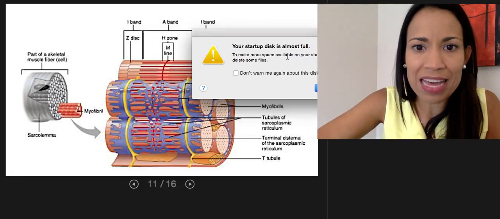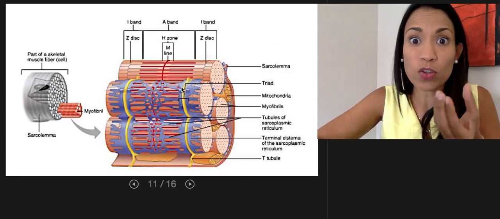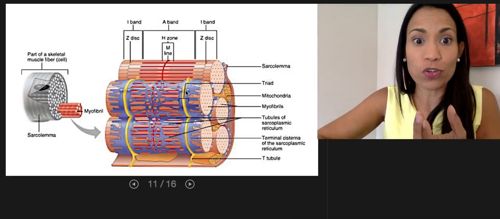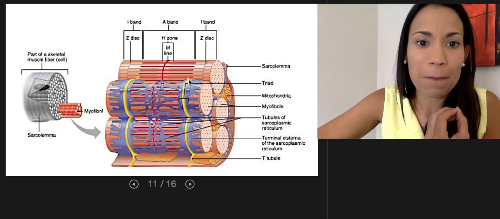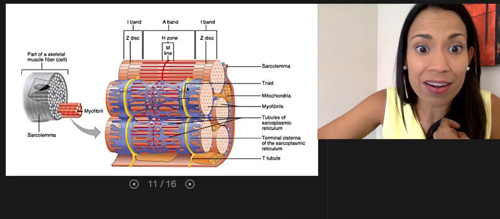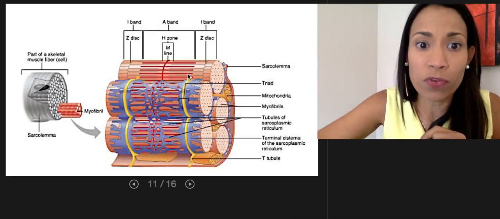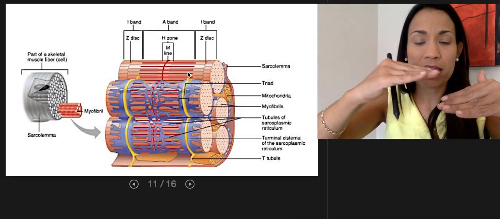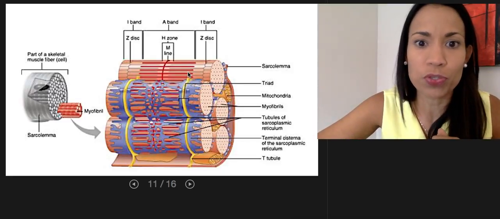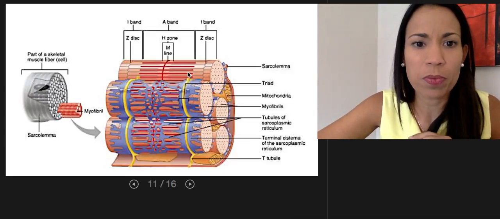Because remember that the terminal cisterna is the one containing the calcium ions, and the T-tubule is where the action potential is going to travel. So we are right there. The calcium ions can be released right there into the zone of overlap, where the thin and thick filaments interact and produce muscle contraction. So see you in the next video to explain a little bit more of this process.